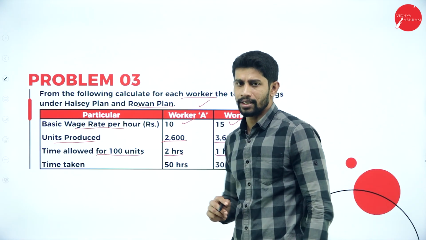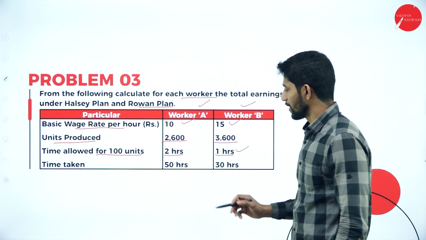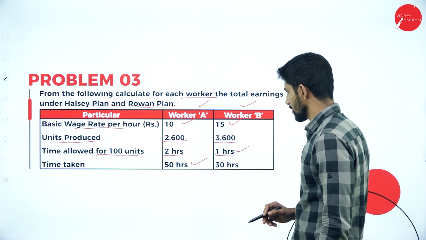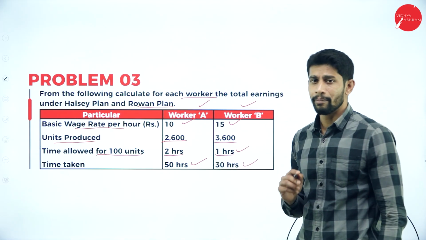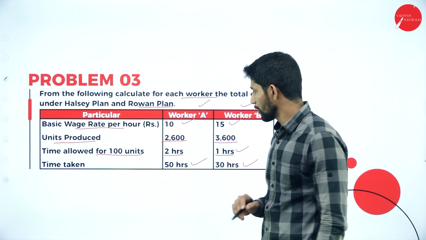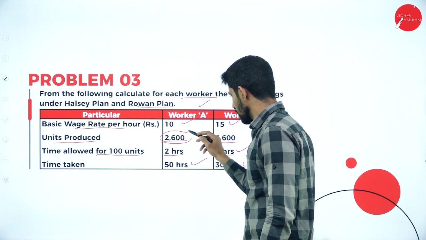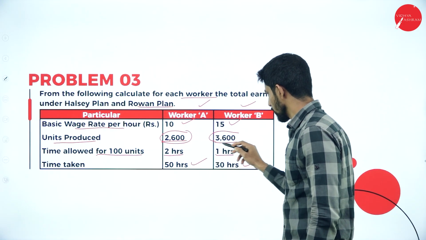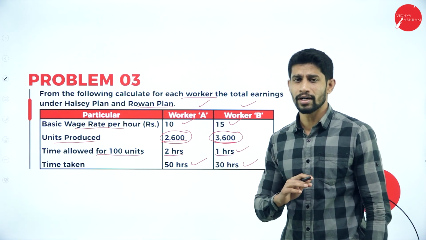Next, time taken. So what is the actual time taken? The actual time taken is 50 hours and 30 hours. But the standard time to produce 2600 units and 3600 units by Mr. A and Mr. B is not given, right?